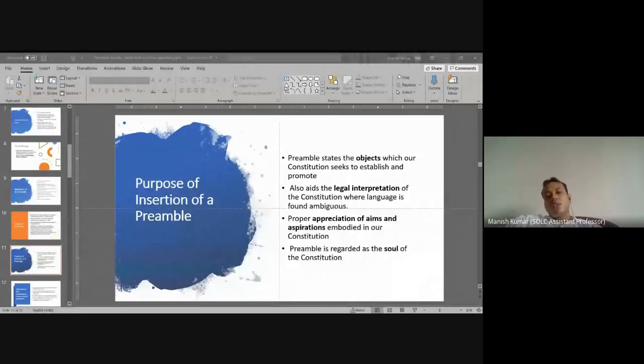A study of the preamble helps proper appreciation of the aims and aspirations embodied in our constitution. If you read the preamble, you will come to know the aim of the constitution and the aspirations embodied in it. Therefore, the preamble is regarded as the soul of the constitution, the basic essence.